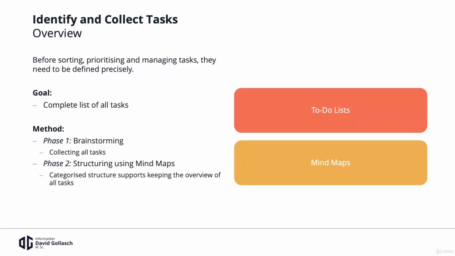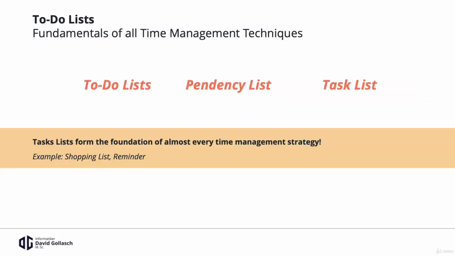And then we sequence everything down to a to-do list again that is now as complete as possible. So 2 phases: first brainstorming, second structuring using mind maps. That's why we take a look at to-do lists first, and afterwards at mind maps, in the context of finding and collecting the tasks.